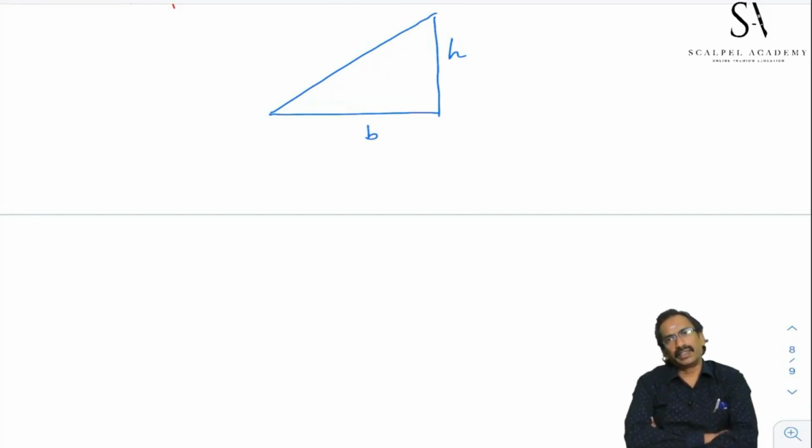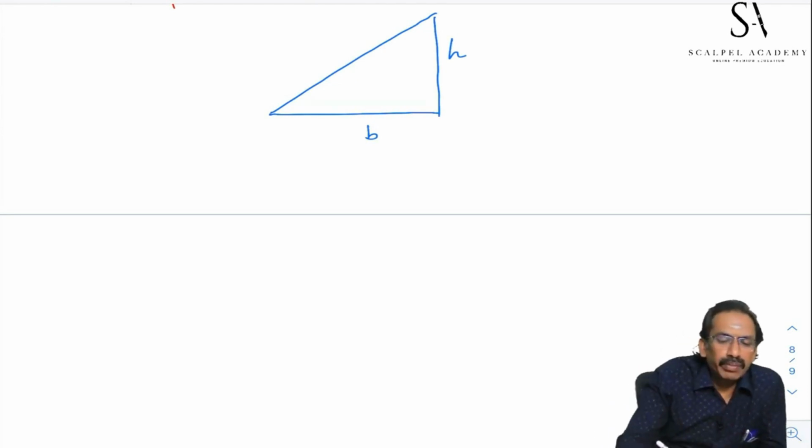Each element's area we have to calculate; only one element is enough. Then we have to get the area as a function of a constant and some variable, h or b or theta. Then we can integrate it.